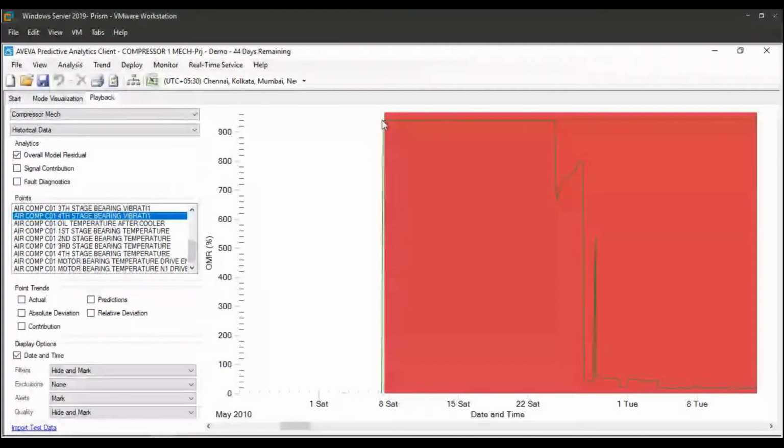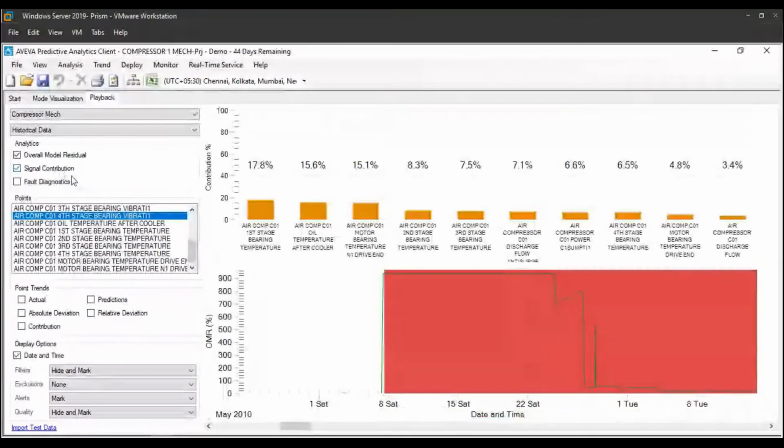Values of some variables have changed significantly so as to cause the entire state of my equipment to deviate from its normal value. That's what this is indicating to me. Now I want to find out what are the various variables that are responsible for this. So what I'll then do is try to find out what are the various variables that are contributing to this.